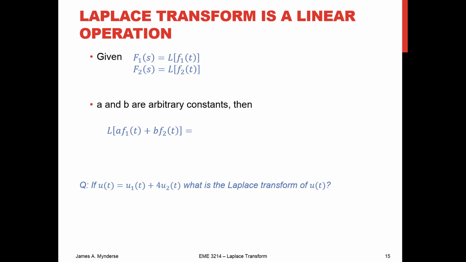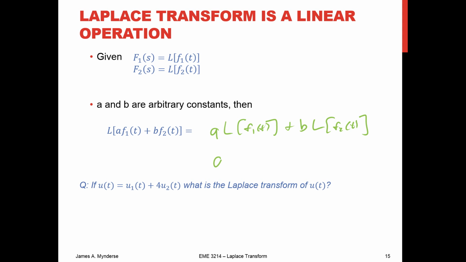It's also a linear operation, which we've talked about linearity in class. And so, for instance, if f sub 1 of t, Laplace goes to cap F sub 1 of s, and f sub 2 goes to cap F2, then we can write this just like we did before. We could say, well, a times Laplace of f1 of t plus b Laplace of f2 of t.